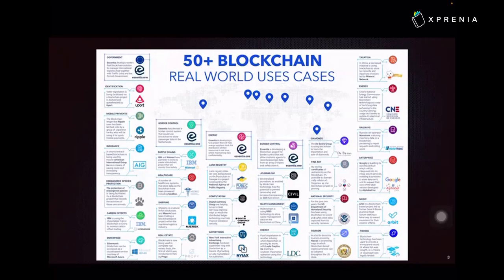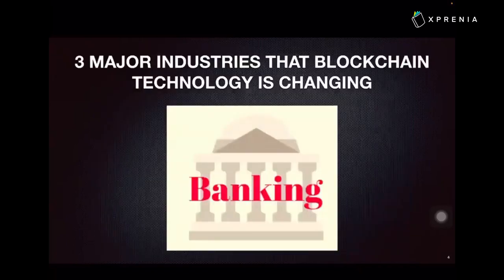Take a look at these 50, and I'm sure some of them will relate to what your business is doing. And if not, you can always ask me. So these are the three major industries that blockchain technology is changing. Okay.